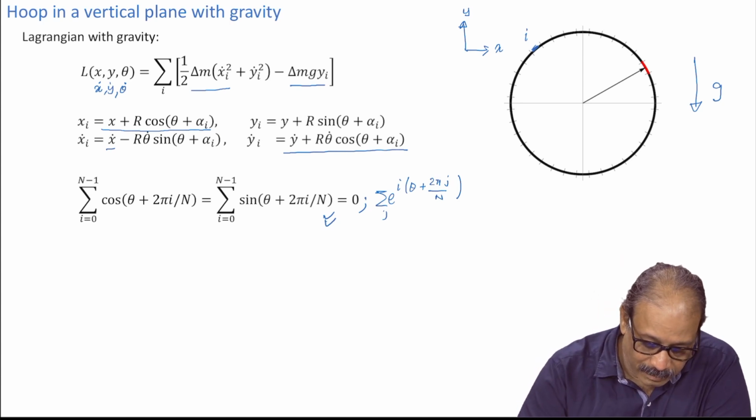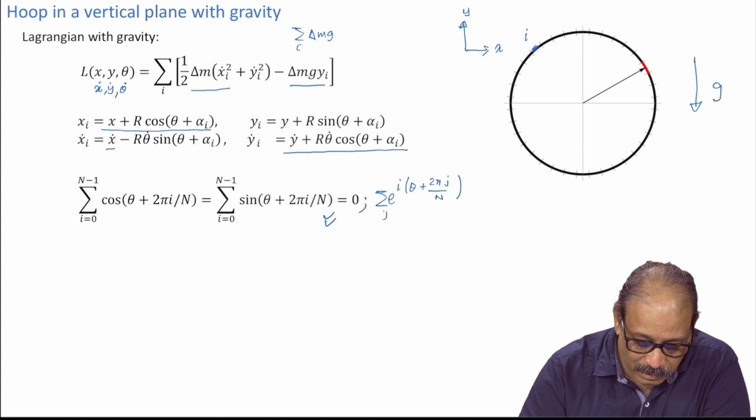So, this term, if you want, I can write here: there is a summation over i, then delta m g, and there is a y plus r sin(theta plus alpha_i). Okay.